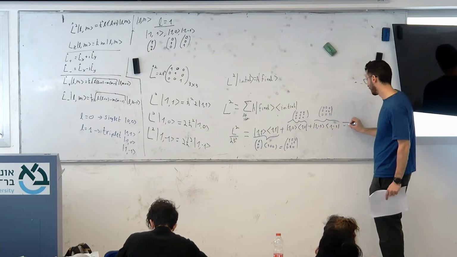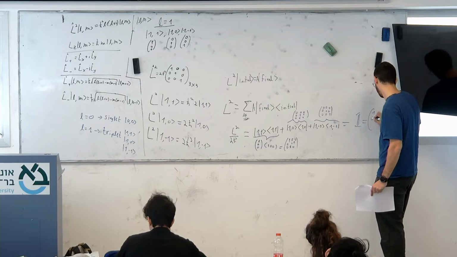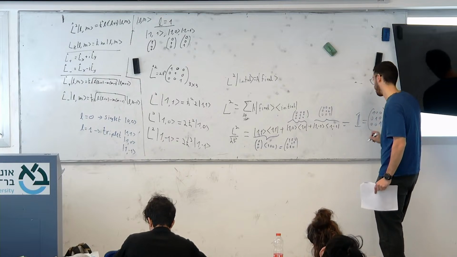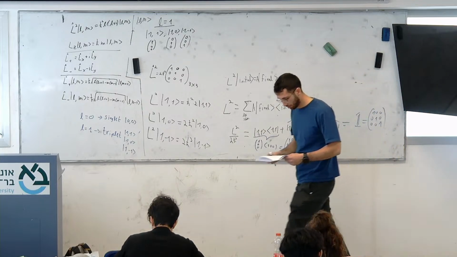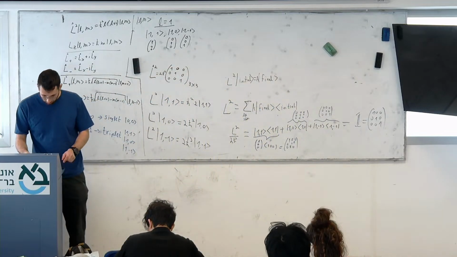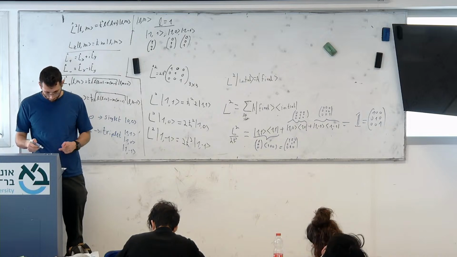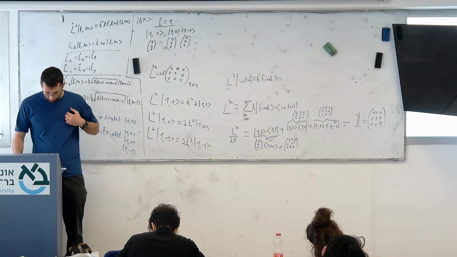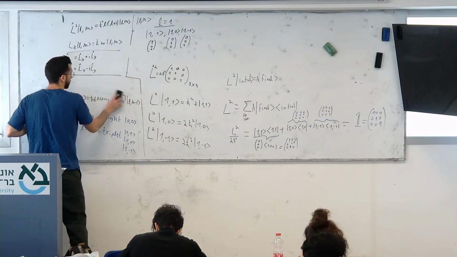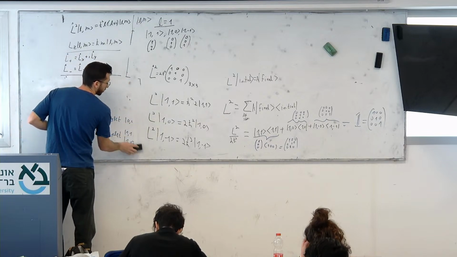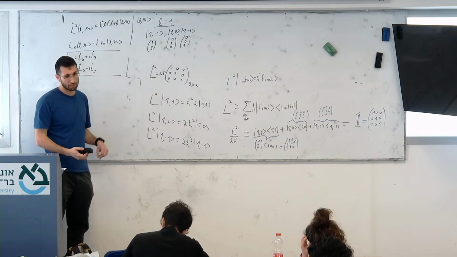So what I have here is basically the identity matrix. Let's have another example, or do you have a question regarding this example?